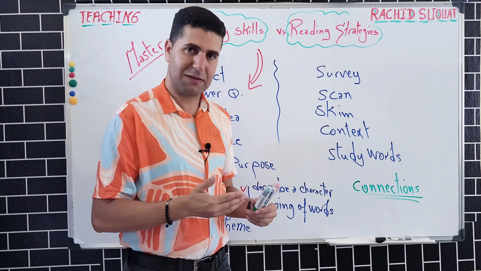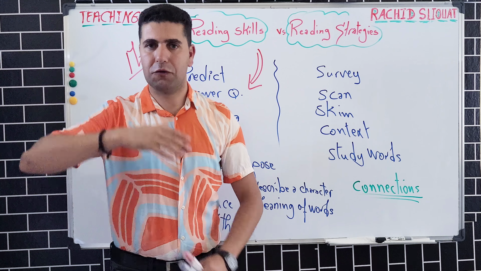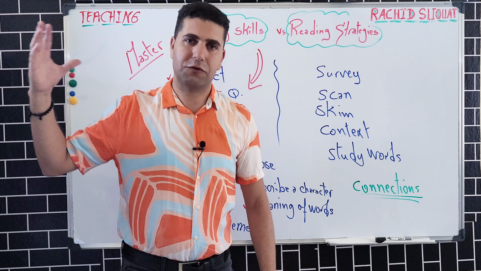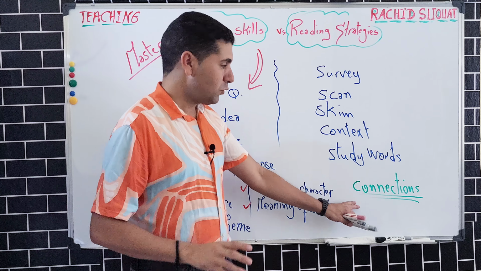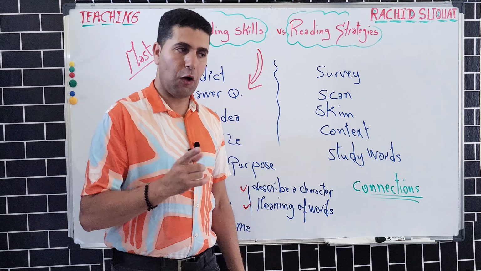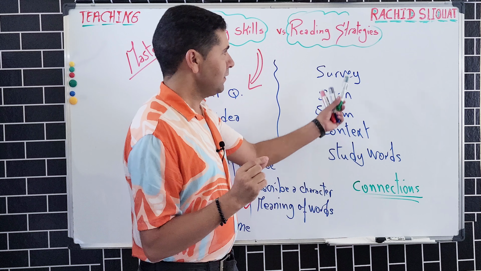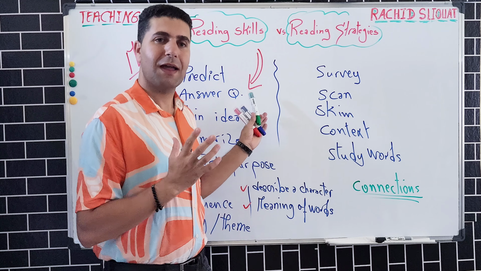For example, you give them a text in English and they try to connect what they learned in French or in other subjects like history, geography, or whatever. So that's what we call making connections. Now, what do you think making connections is? Is it a strategy or a skill?